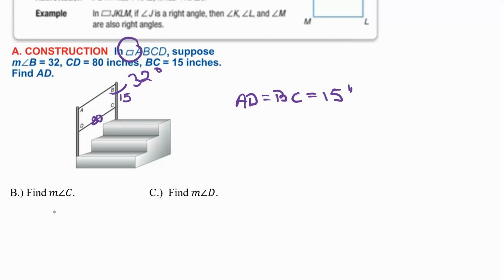So if I did 180 minus 32, that would give me 148 degrees. If I want to find the measure of angle D, I know that opposite angles are congruent, so the measure of angle D would be the same as the measure of angle B, which would be 32 degrees.